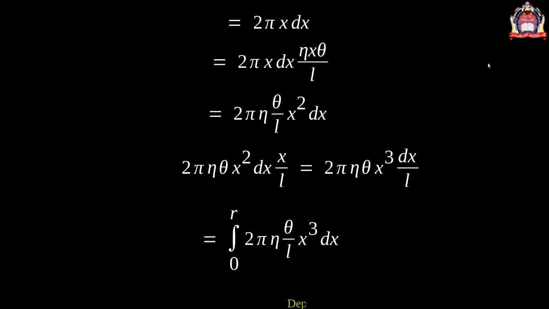So the total couple on the cylinder is the integration from 0 to r of 2 pi n theta by L x cube dx.